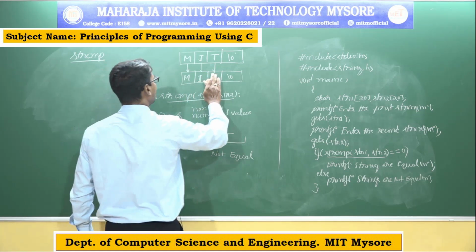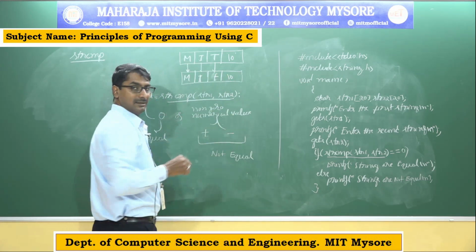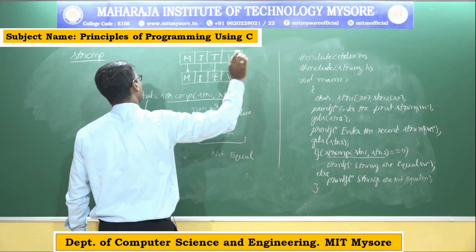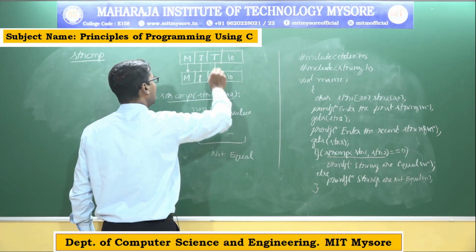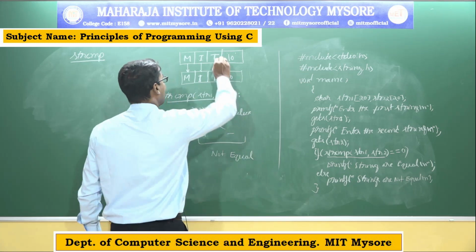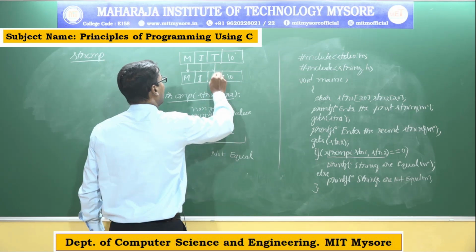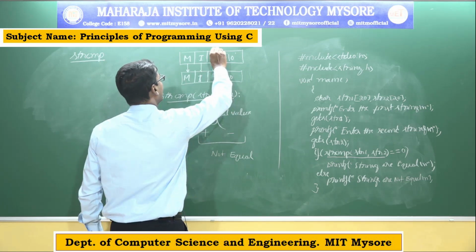If you consider M equal to M, yes, right. I equal to I, right. Then capital T and small t. The difference between capital T and small t is non-zero, so here it will give a negative value.